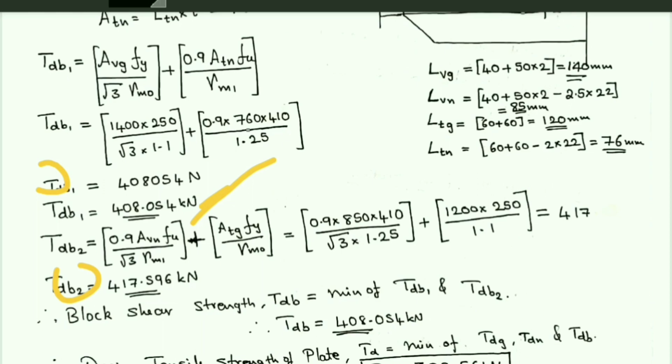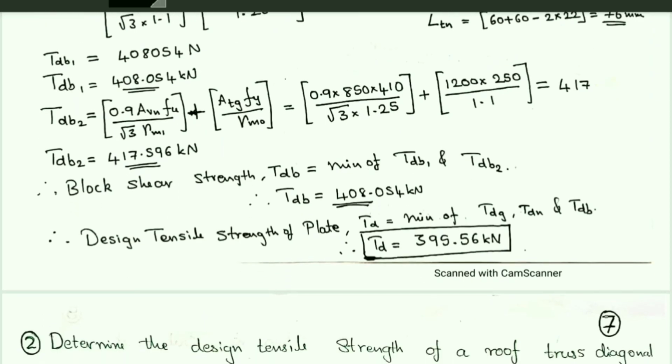So the TDB becomes 408.05. Now the design tensile strength of the plate, TD, will be the minimum of TDG, the gross strength, the net rupture strength, and the last one, the block shear strength. The minimum of these three will be the strength of the member.